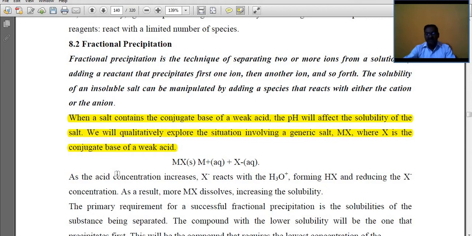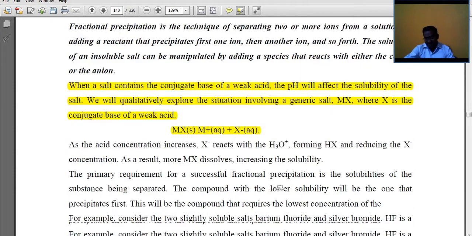Just consider MX, it is a salt, it undergoes dissociation, M plus and X minus.